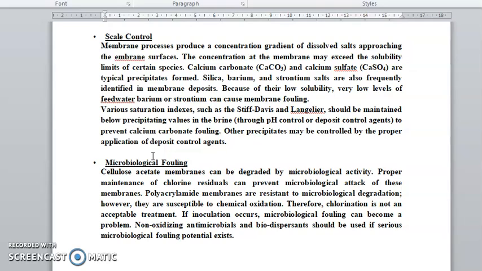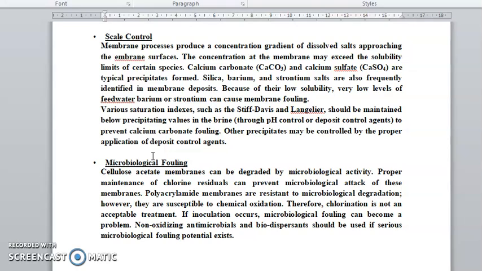Various saturation indices such as Stiff and Davis and Langelier should be maintained below the precipitating values in the brine to prevent calcium carbonate fouling. Other precipitates may be controlled by proper application of a deposit control agent.